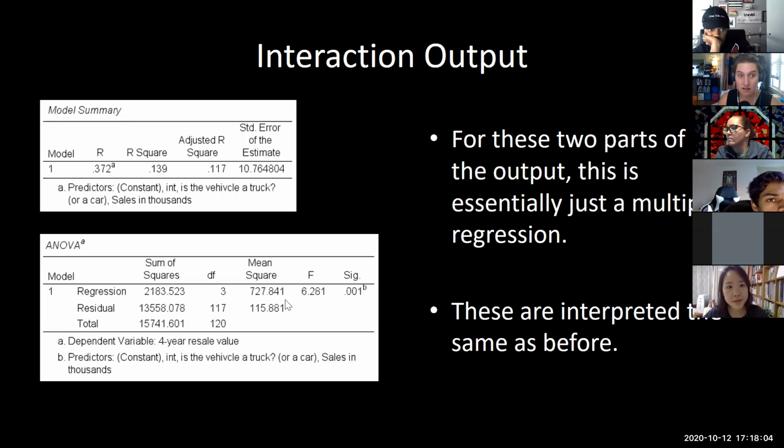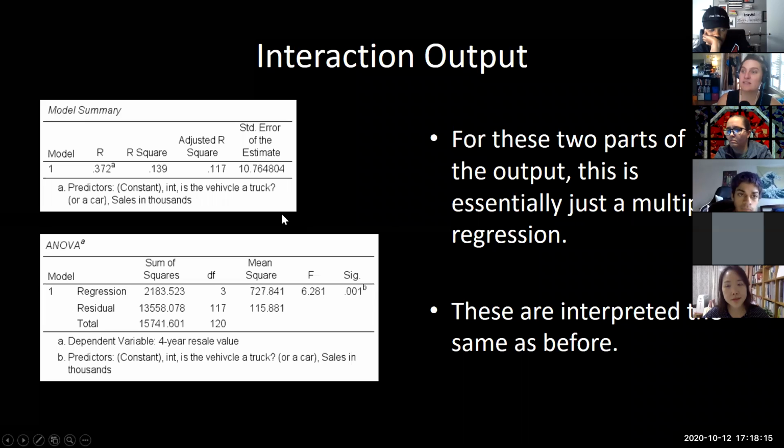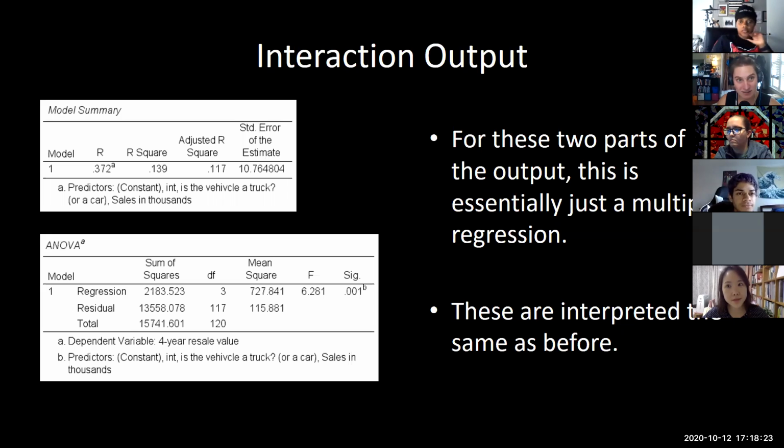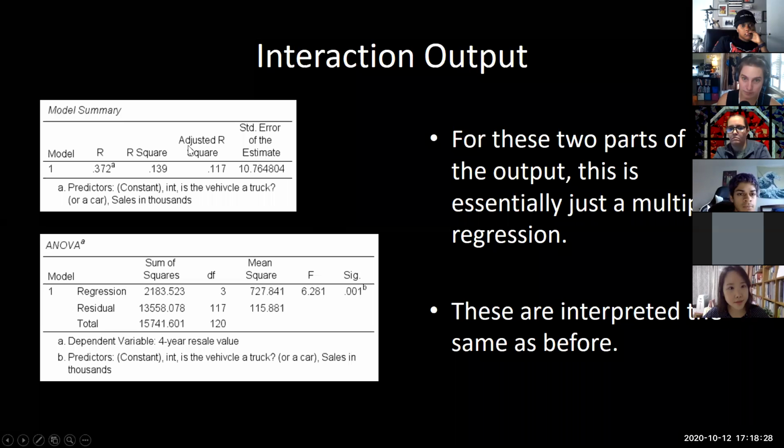The data and your stats package, they do not know where they come from. You are the only one who knows. And so, as far as it knows, you just put in another regular old variable into that model. You are the one who has to know that it's different. So these are actually interpreted exactly as you did before.